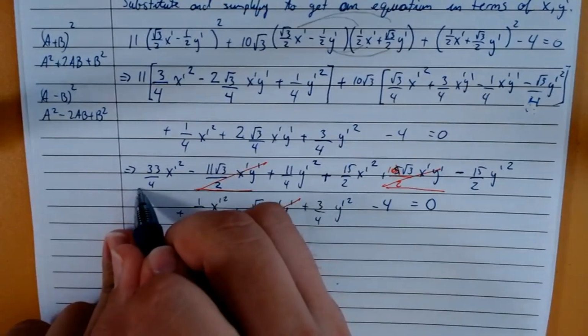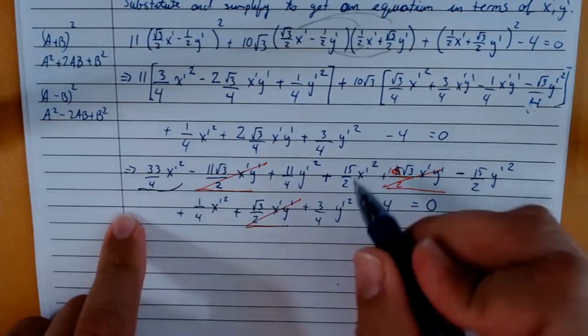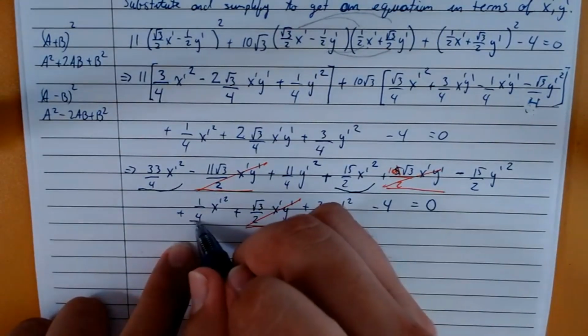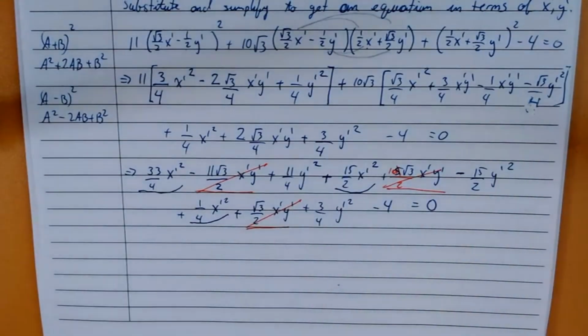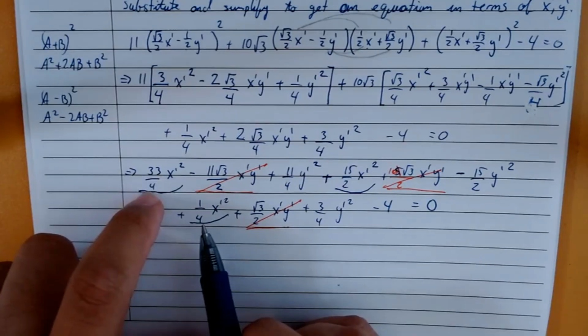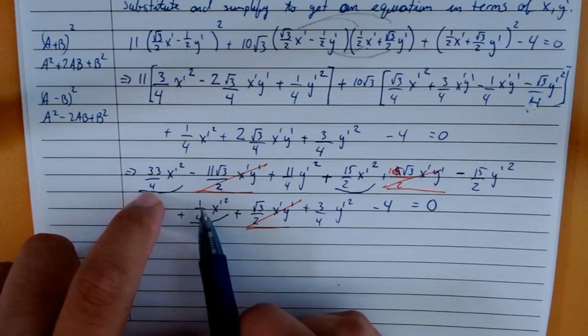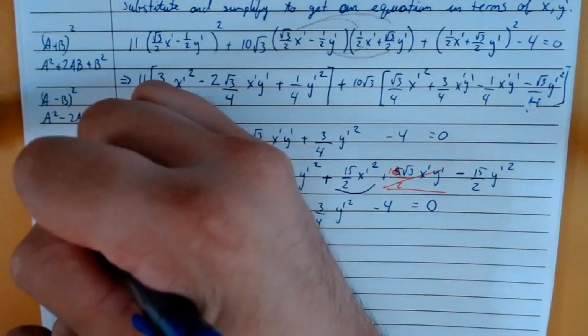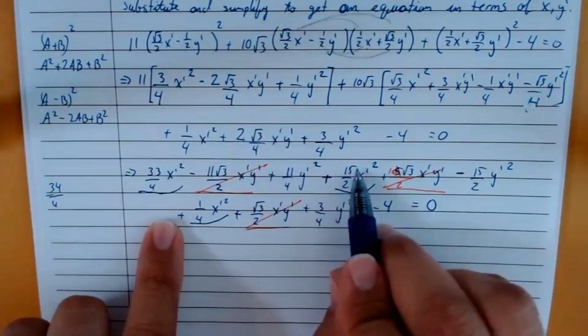Here I have an x prime squared, and here's another x prime squared, and here's another x prime squared. And if I combine all of those, well, let's see, 33 over 4 plus 1 over 4, that's 34 over 4. Let's write that right here, 34 over 4, plus 15 over 2.